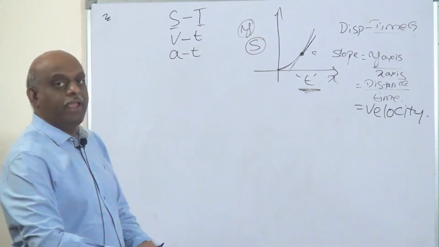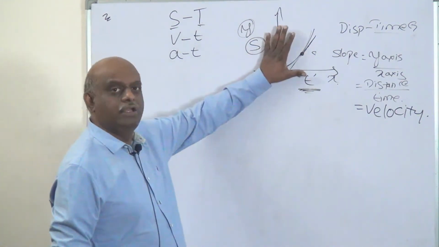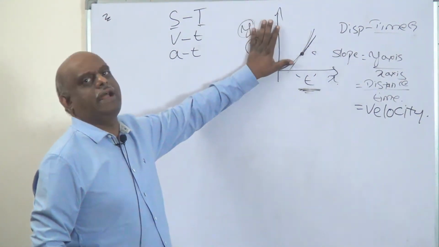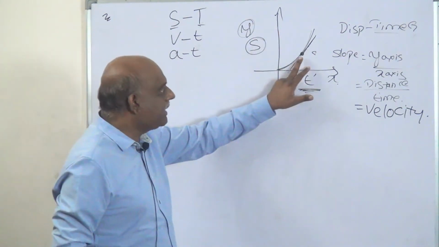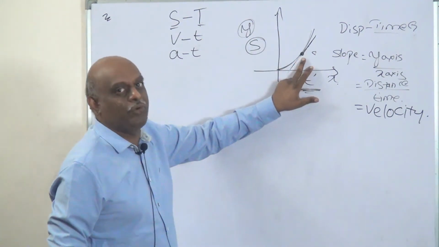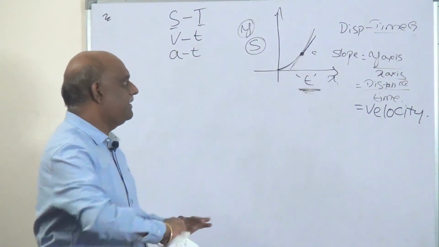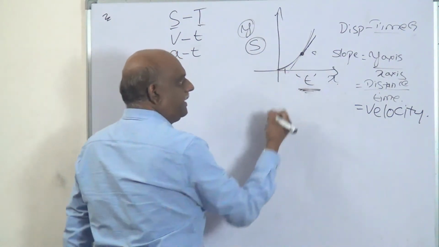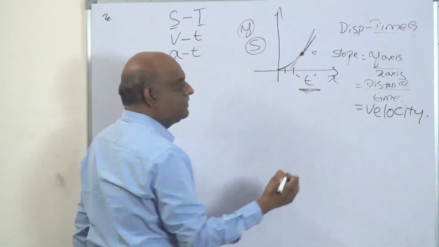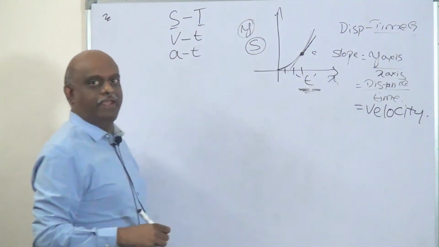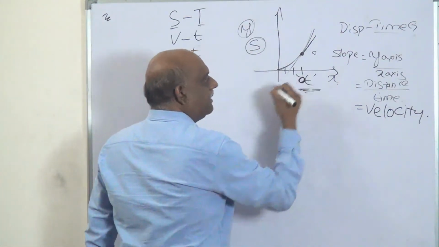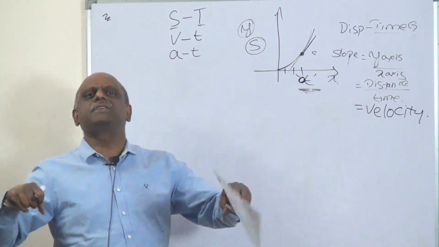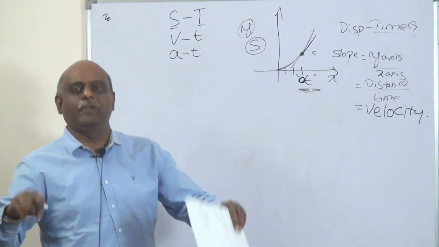So, displacement time graph. Why do we do this graph? We create this graph so that we can calculate the slope at any point. For example, first second is over, second is over, third second; if you want to know at the third second, how fast is the scooter going?